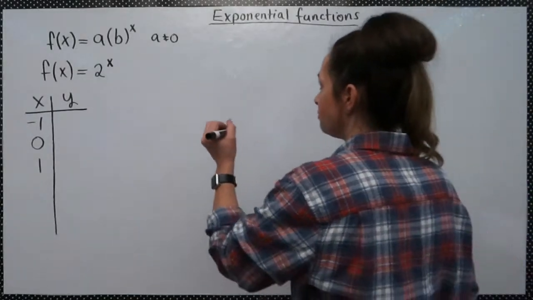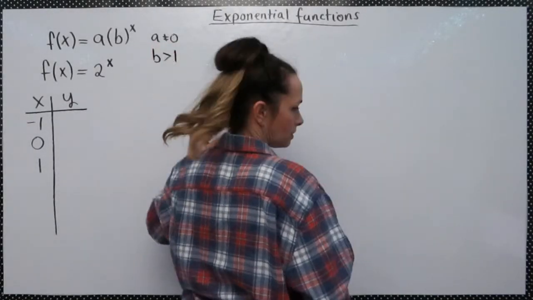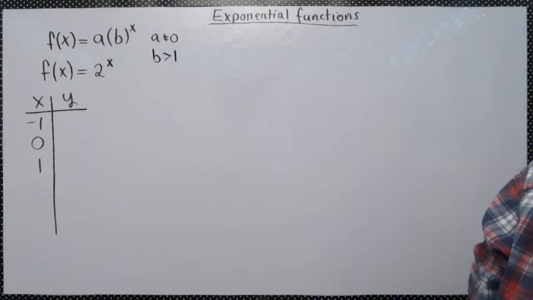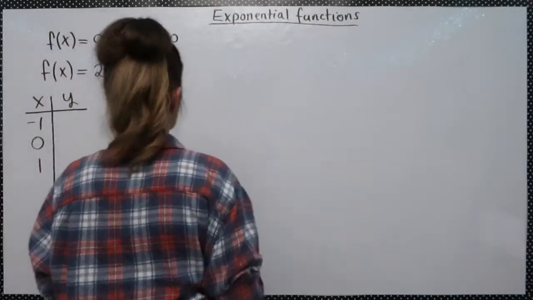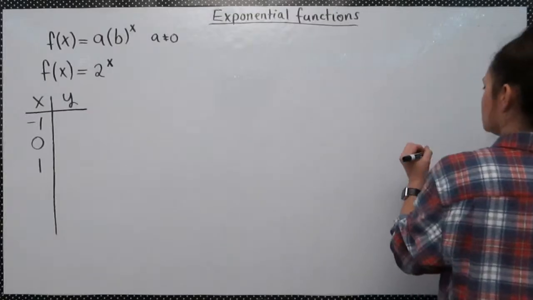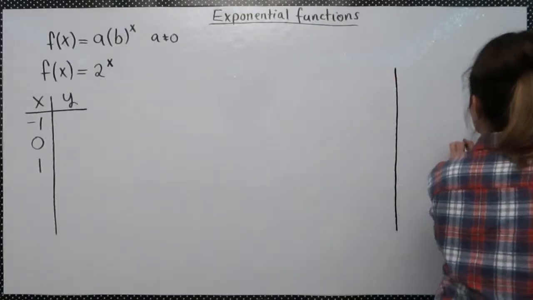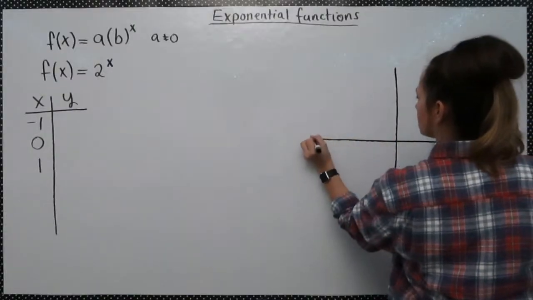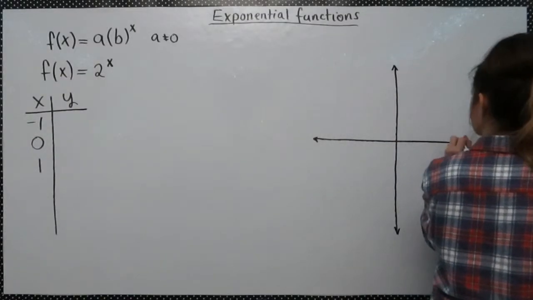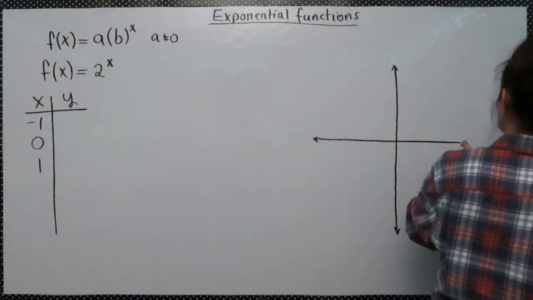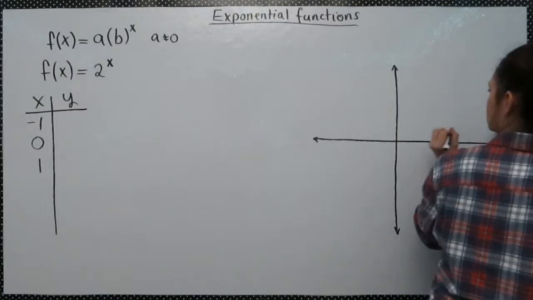So it's saying if b is greater than 1, it's a growth. Well, we'll talk about that later after we get these graphs sketched. We'll talk about all that in a minute. It's me trying to prepare a little bit, just having a concept in mind.